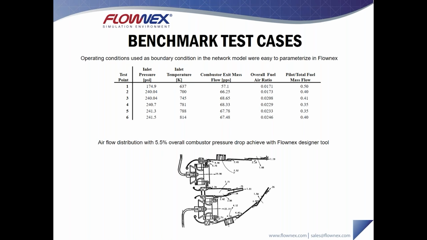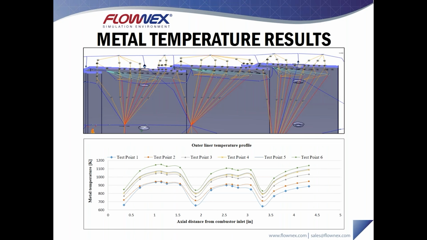So we didn't really know exactly what the geometry of the air admission holes was, but what we did know was what the overall airflow distribution through the combustor looked like. And Flownex has a designer tool in it, which allowed us to essentially specify what mass flow rates we wanted through each of those holes, and back calculate the hole size, which was pretty neat.